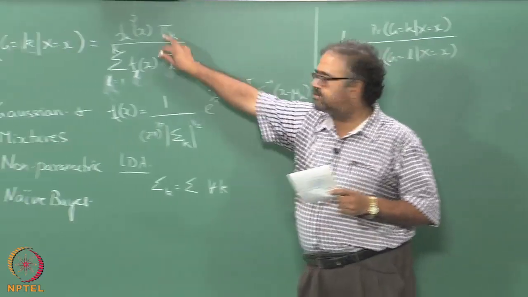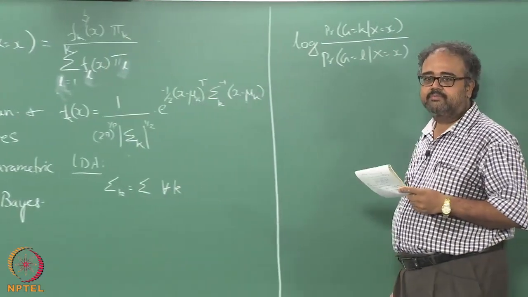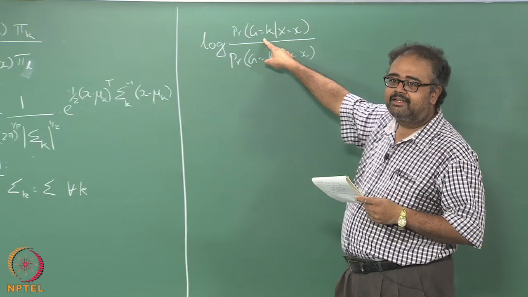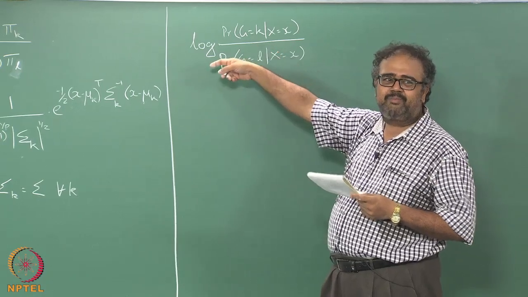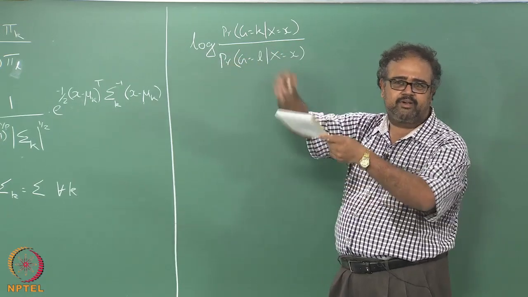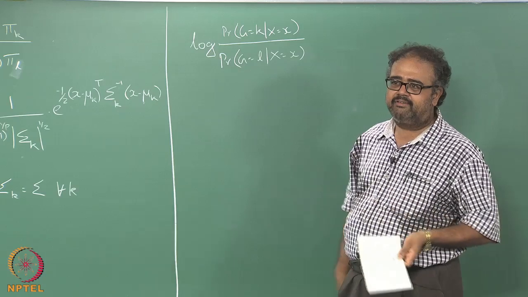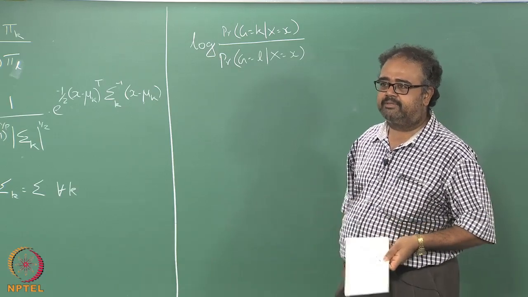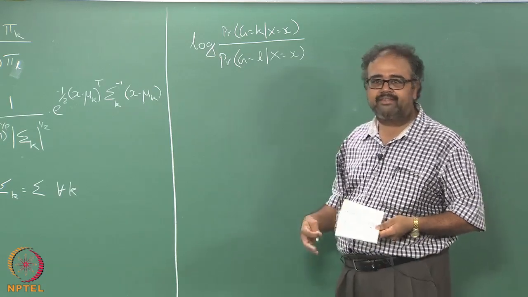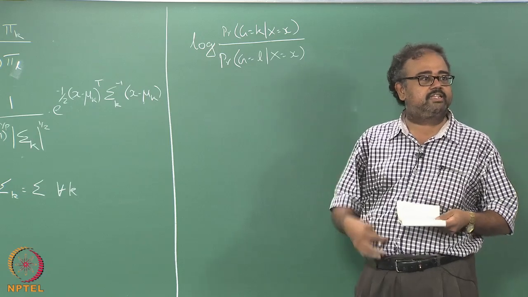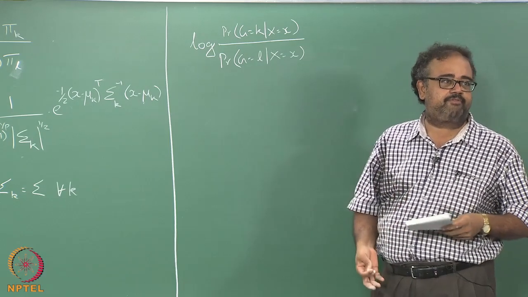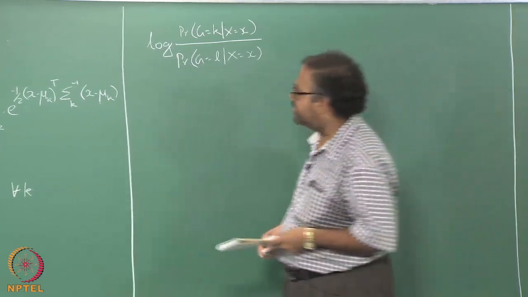We have to solve for pi as well. Solving for pi is rather straightforward: you just count the number of data points that belong to a class and divide by the total number of data points you have, and that gives you pi. It is not complex, but you still have to solve for it. It is not given to you a priori, so you have to estimate pi from data. All these 3 parameters you have to estimate.